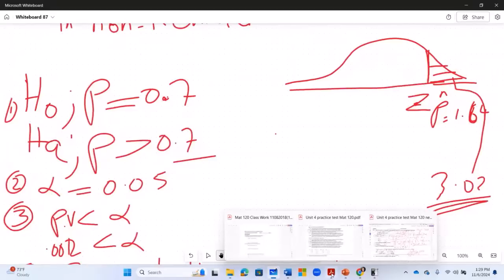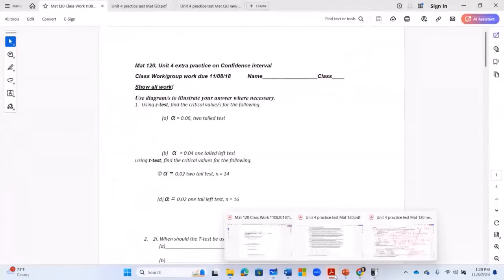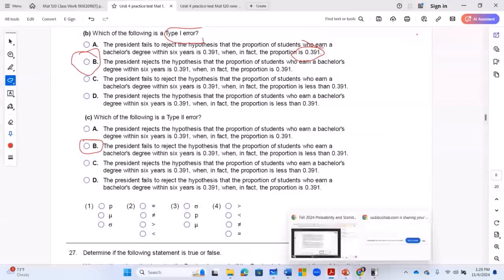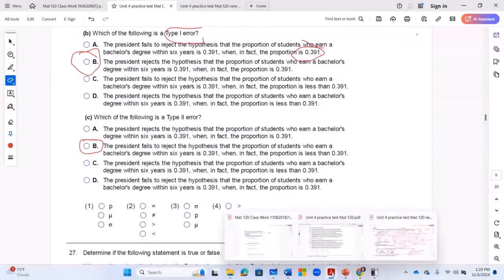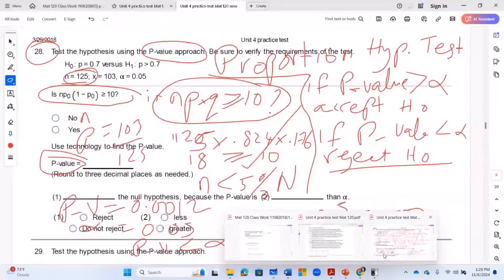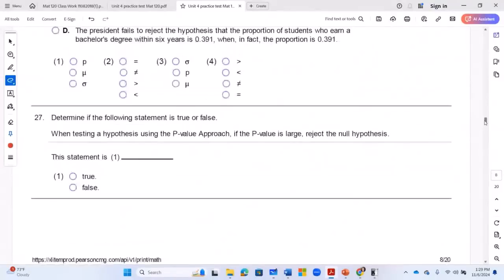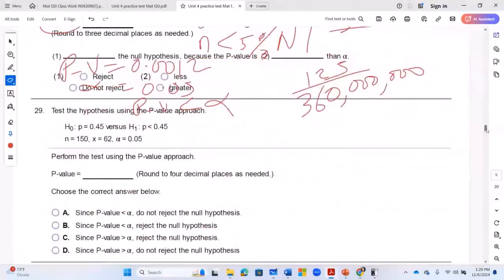So let's get another question. All right, we need to make sure that I get the right question that I need. Okay, now I am looking for another hypothesis. 28 is a right tail test.